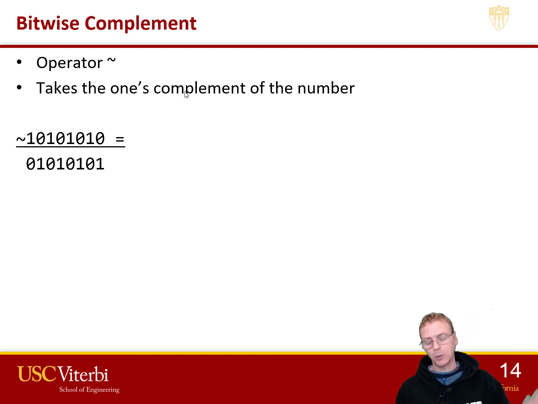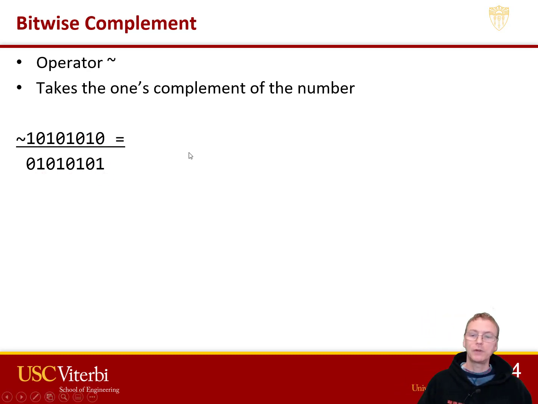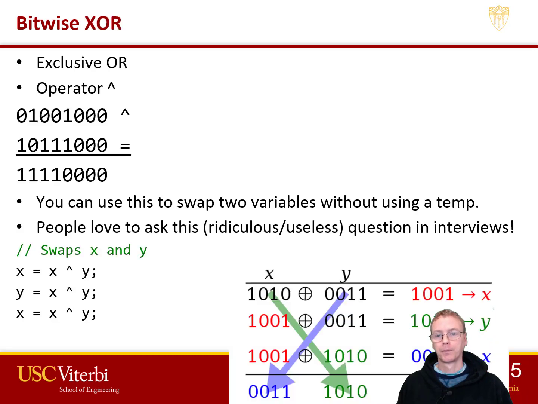So that pattern's not going to work. So they look at the keyboard and they go, well, the tilde is next to the exclamation point. So tilde is it. Tilde is the bitwise not. So we just go through each bit of our number. Zeros become ones, ones become zeros. Boom. And we've used that before.